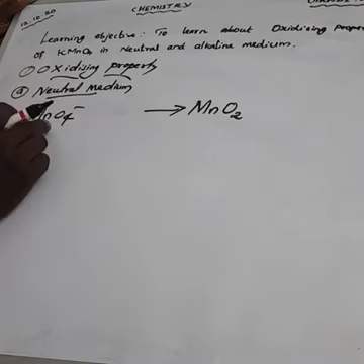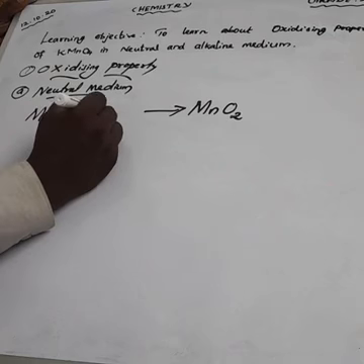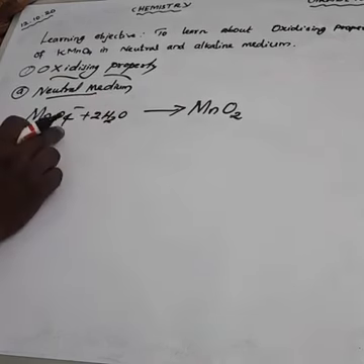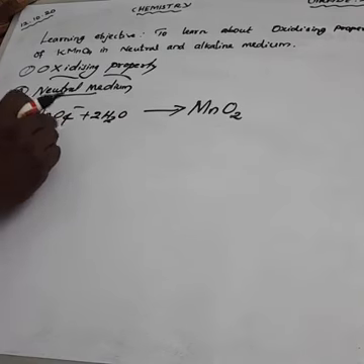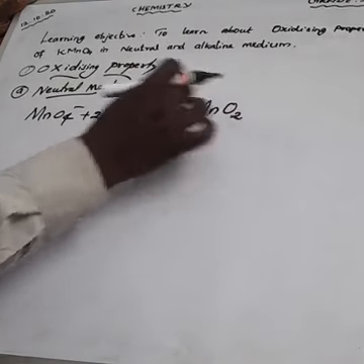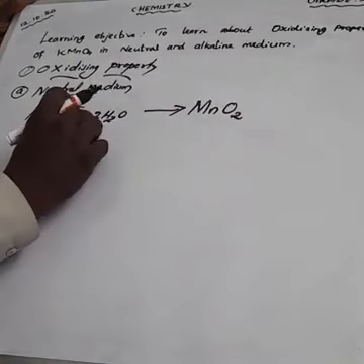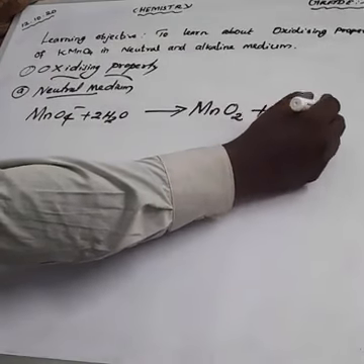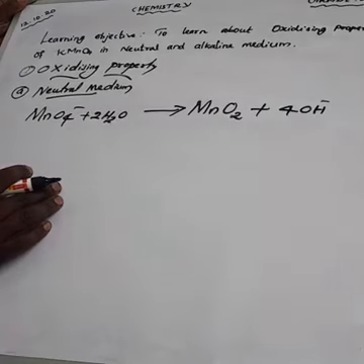Excess means 2 oxygen, so we add 2 moles of water. On the opposite side you should double it, so 4 OH minus ions should be added.